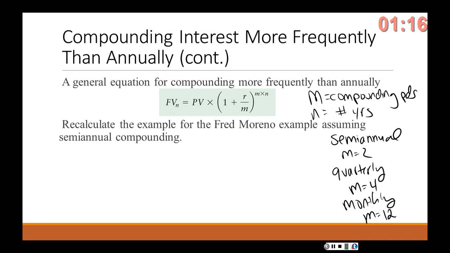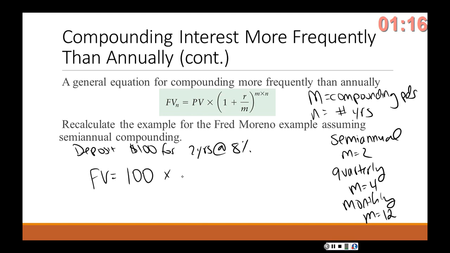So if we were to do the Fred Moreno example using semi-annual compounding, remember this was deposit $100 for 2 years at 8%. How much is this worth at the end of the 2 years? So here the future value would be equal to the present value, the amount deposited, times 1 plus the stated rate divided by the number of compounding periods.